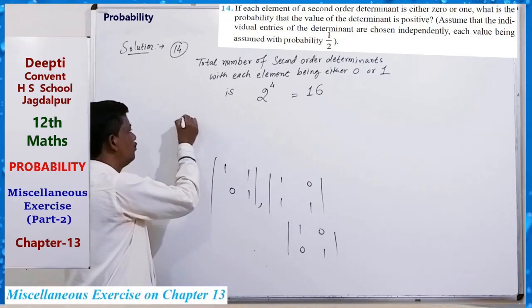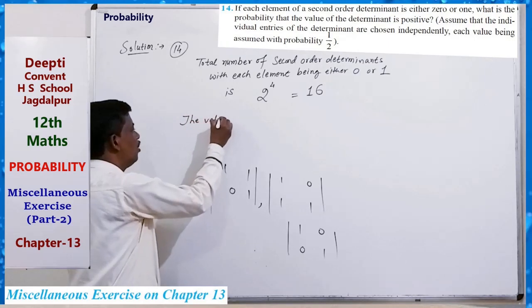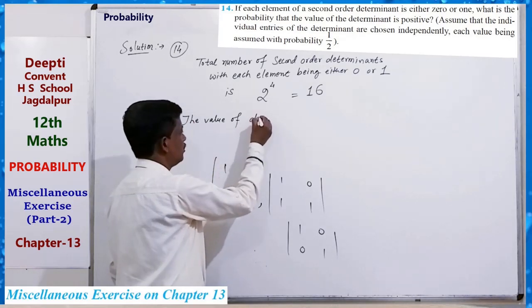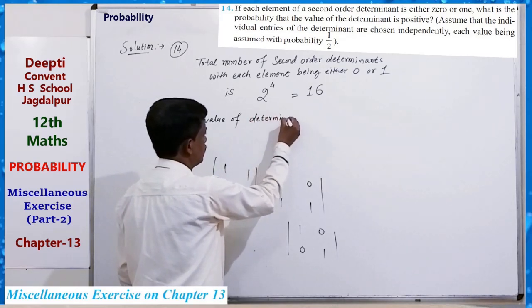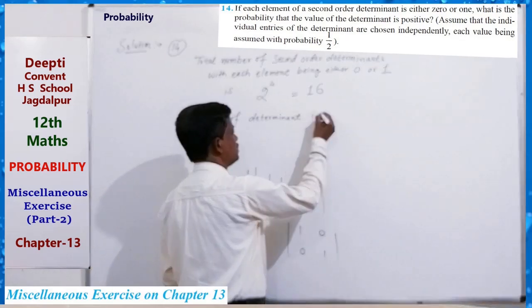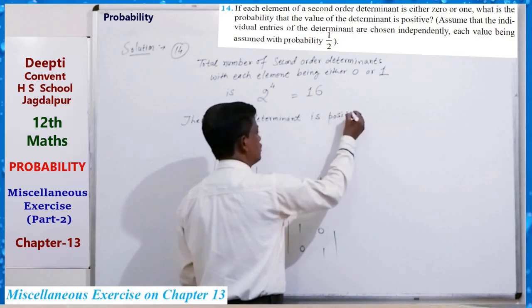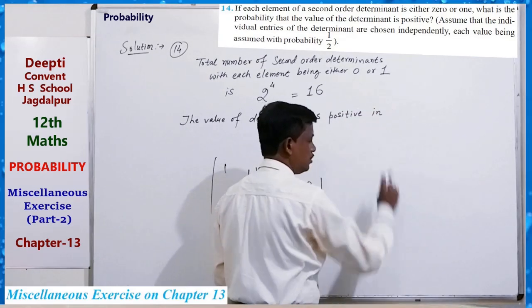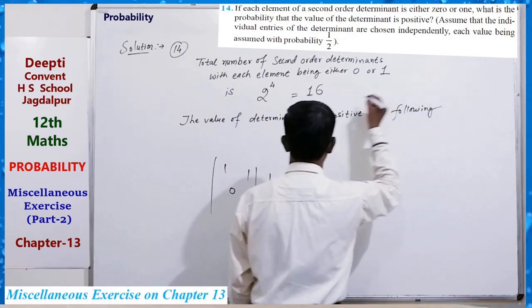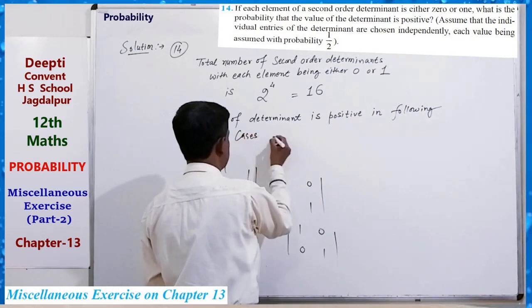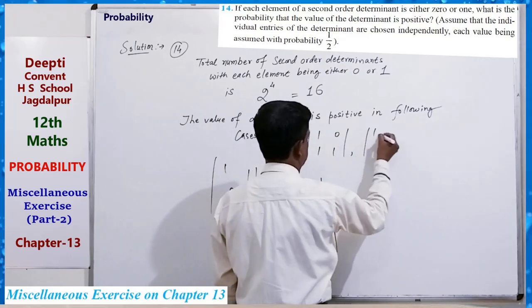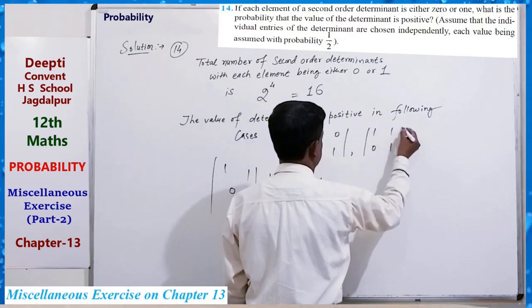The value of the determinant is positive in the following cases: 1 0 1 1, 1 0 1 1.